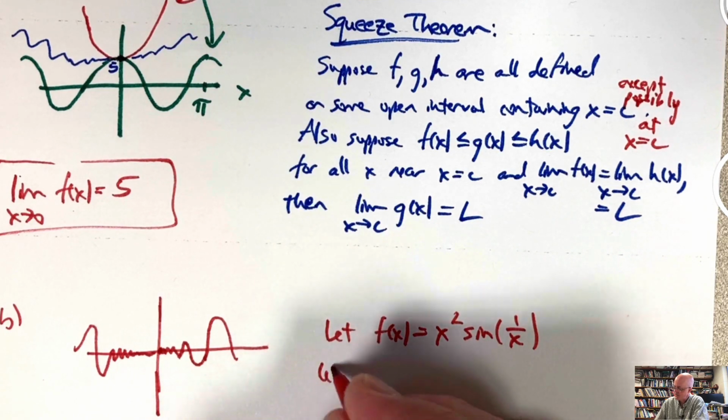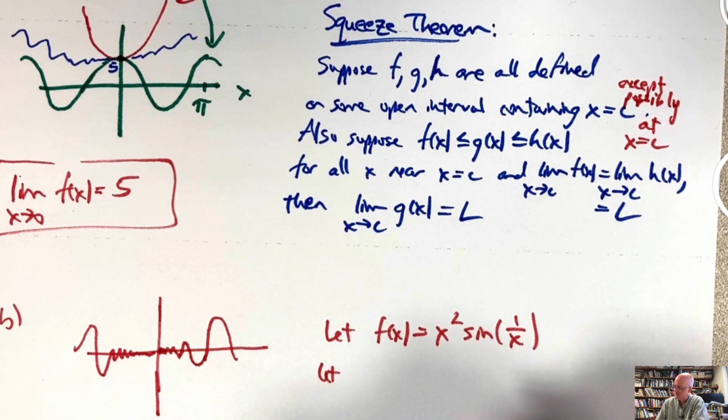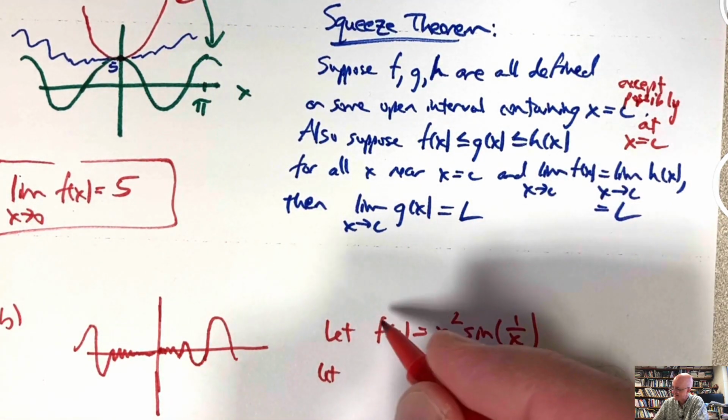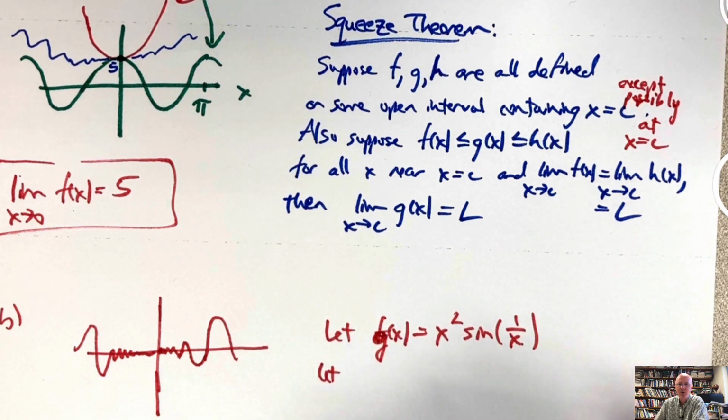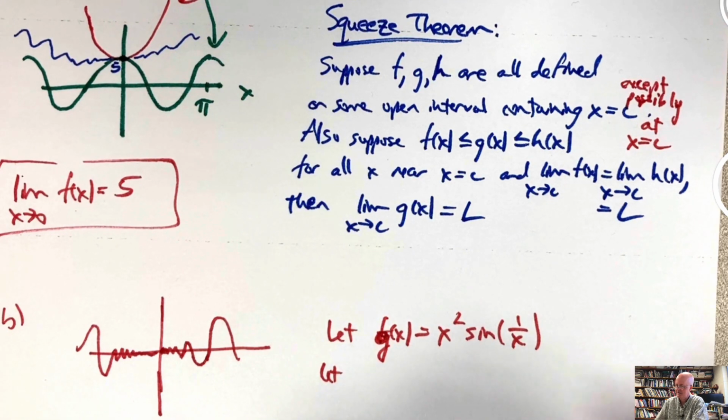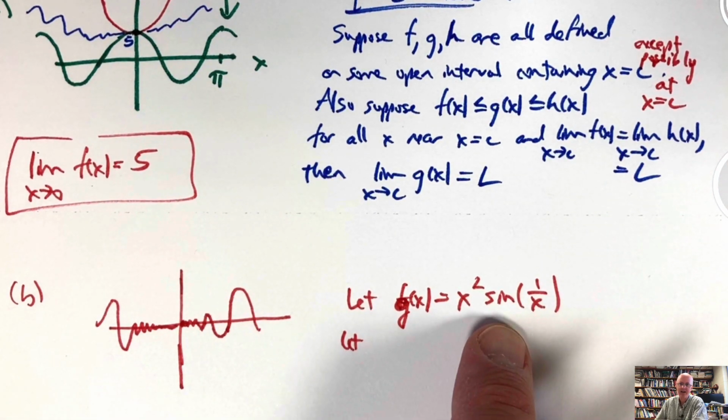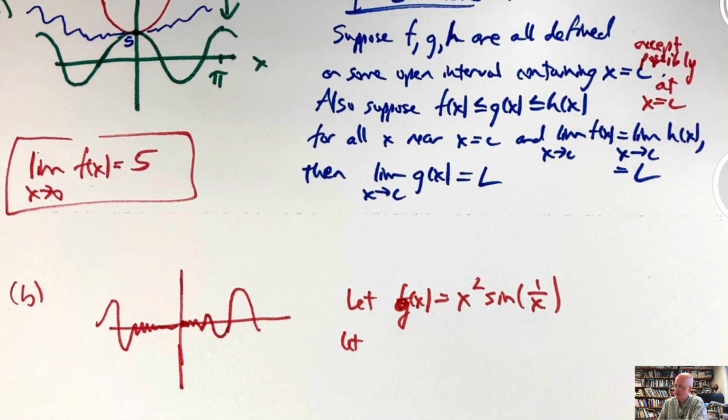Let's let, what should we let g of x and h of x be? Or actually, if I'm doing the setup here, I should call this g of x, I'm sorry. G of x. What should I let f of x and h of x be? That's not so clear. Well, sine of something is always between -1 and 1.